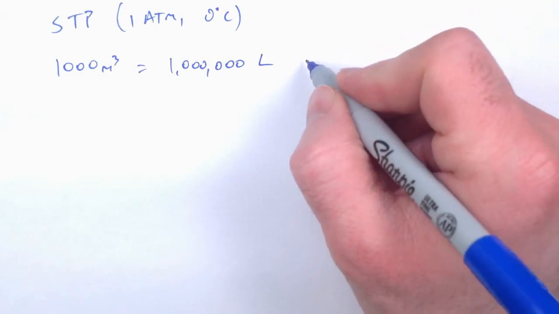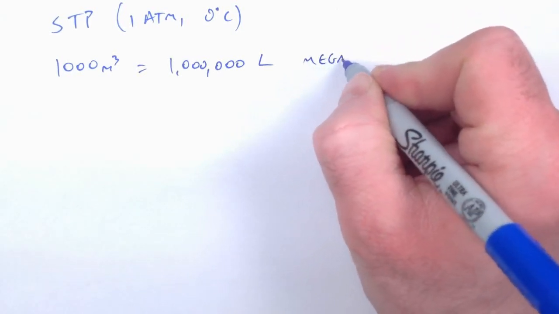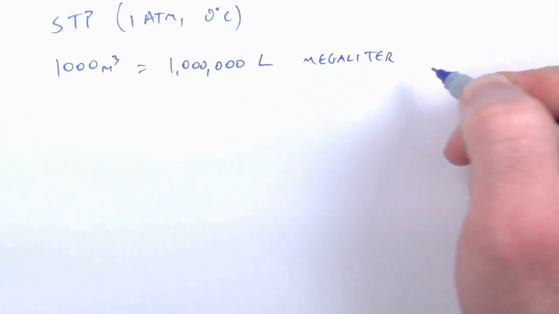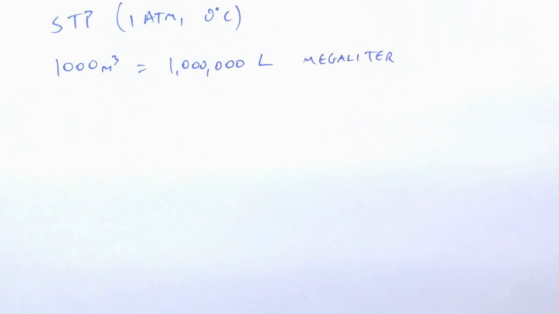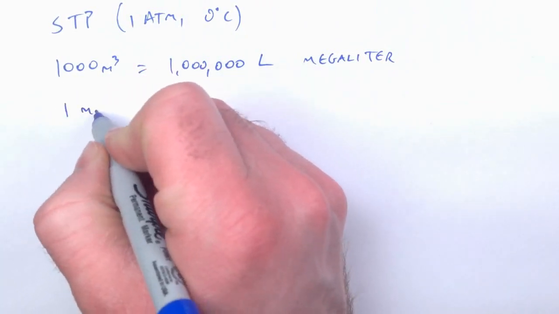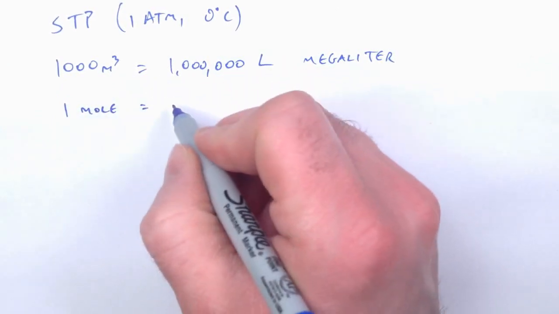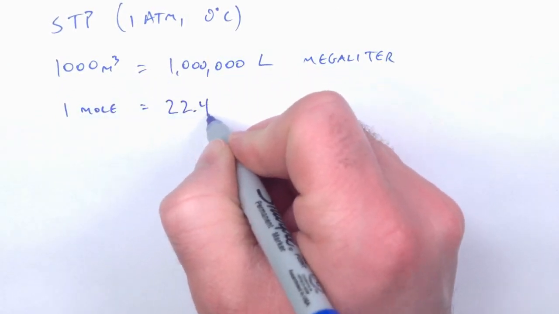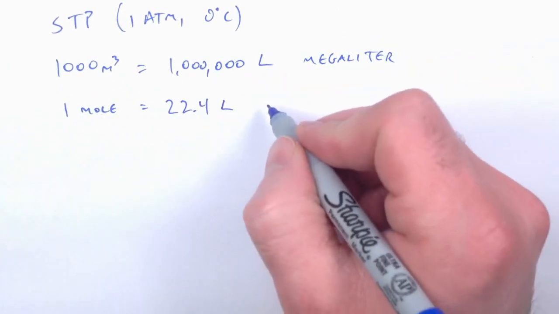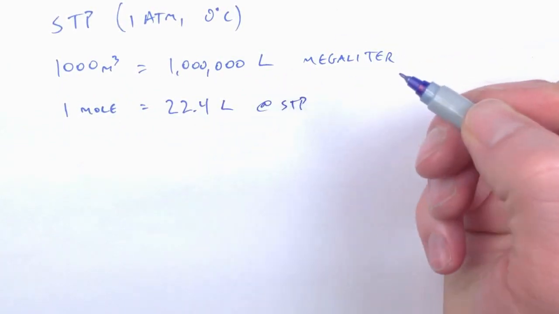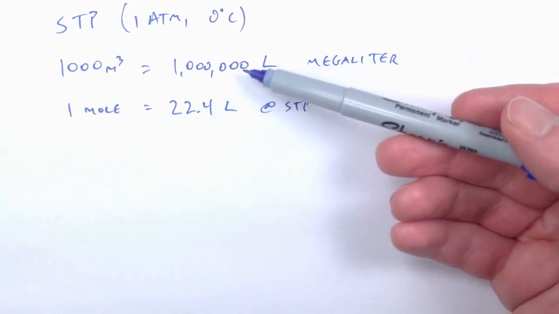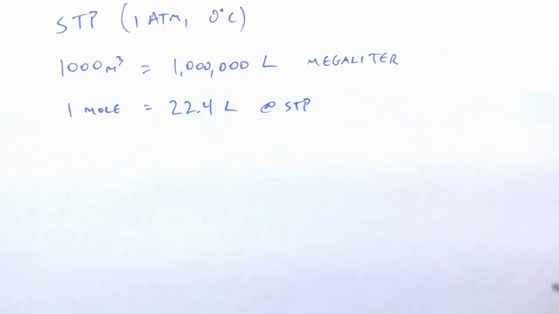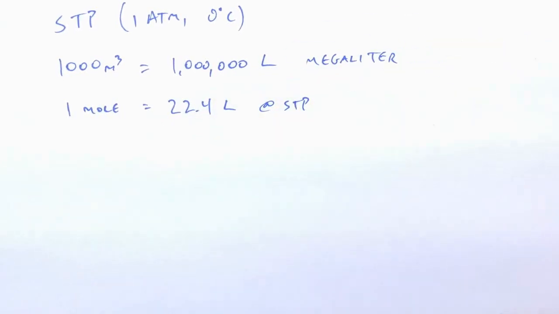If you've ever needed to use the term megaliter before, well, there's your chance. All right, so you've got a megaliter of air in there, and if 1 mole is equal to 22.4 liters at STP, that just means that we need to divide 1 million liters by 22.4 liters, and we will find out how many moles that is.